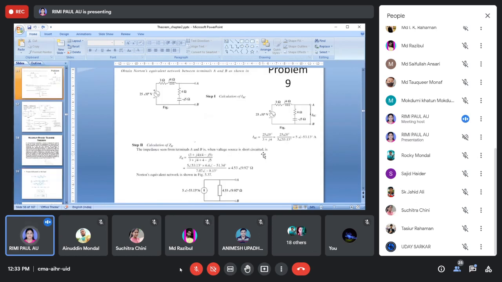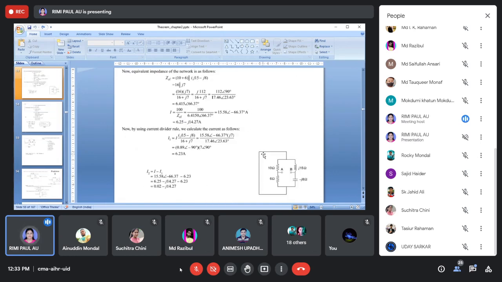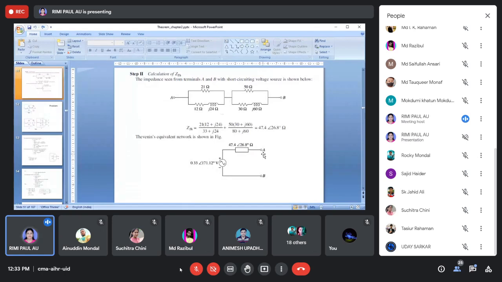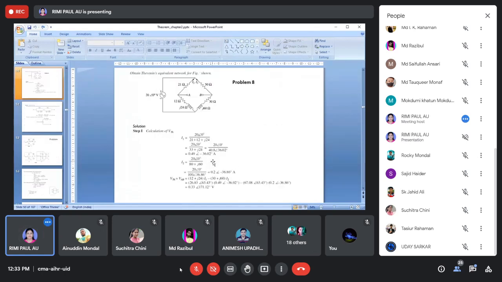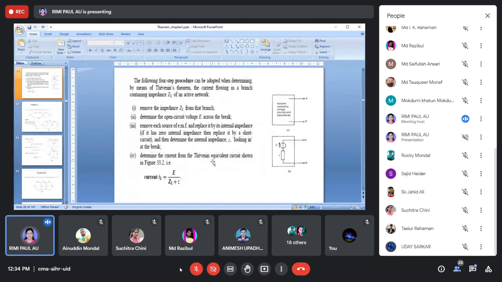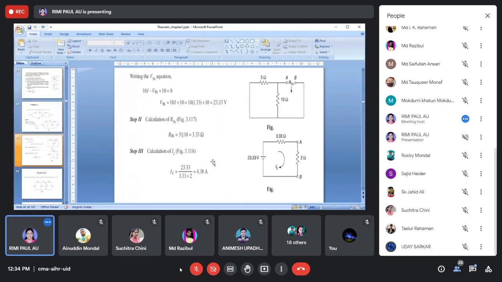Now Norton's theorem. Suppose the ultimate Thevenin's equivalent circuit has a Thevenin's equivalent voltage of 23.33 volt, RTH is 3.33 ohm, and RL is 2 ohm.